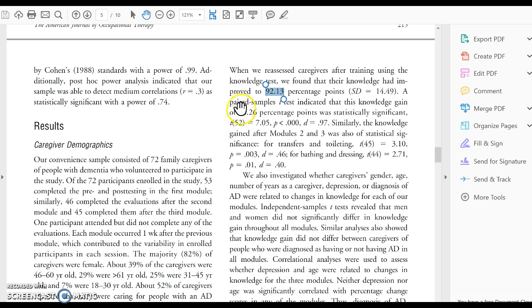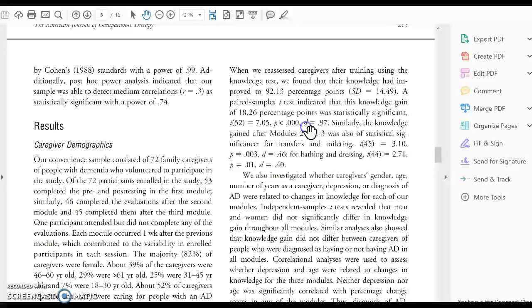They had a gain of 18.26 percentage points, which was statistically significant based on that t statistic because it fell within that region, and a p-value of less than 0.01. Less than 0.05. So that would mean that it is statistically significant.